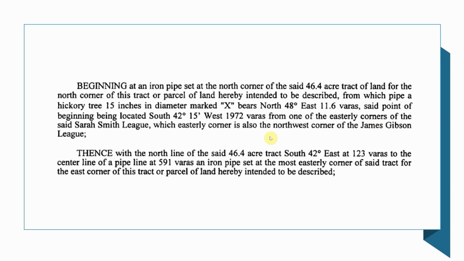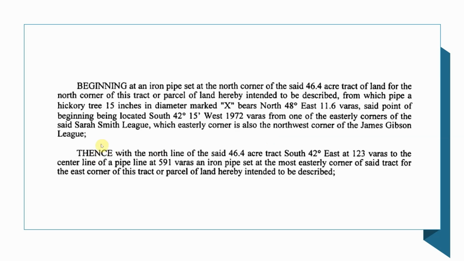We have a point of beginning, we have one witness tree, and then we have one other reference point from that corner of the Sarah Smith League, to help us find that intersection, and that is exactly where our point of beginning for this should be. And that's all we've done. We found one point with this. That's really what we're looking at as far as our boundary is concerned. All right.